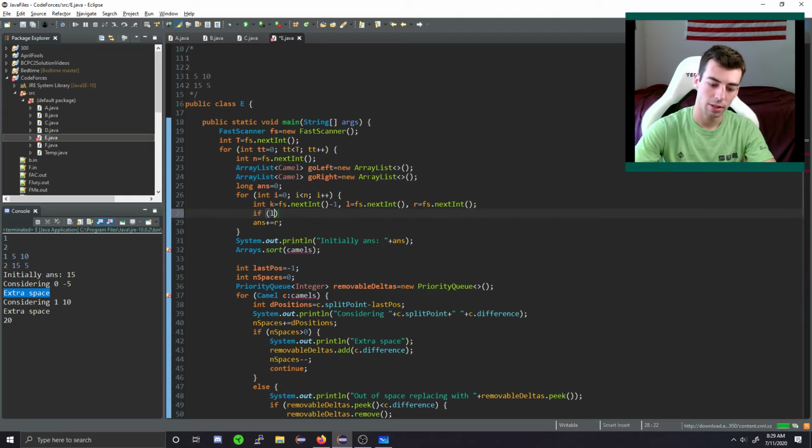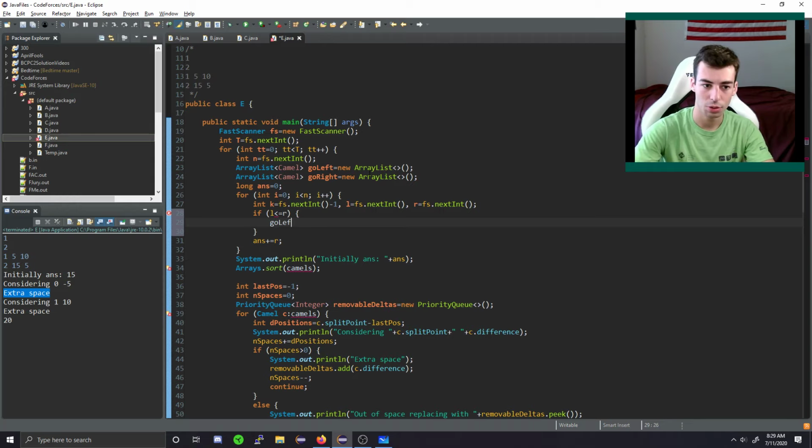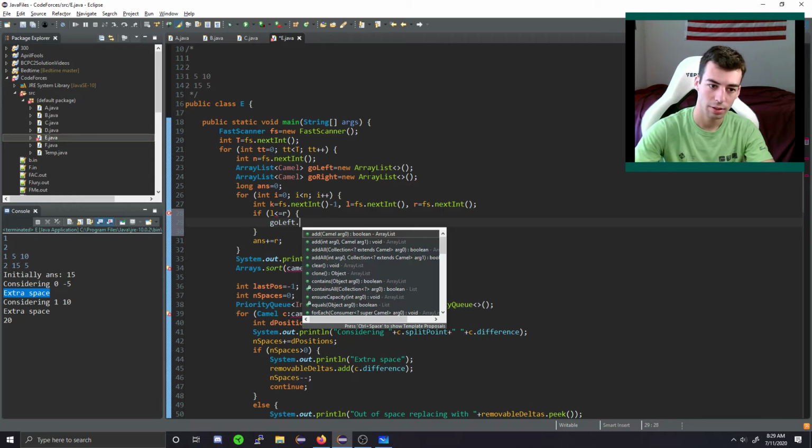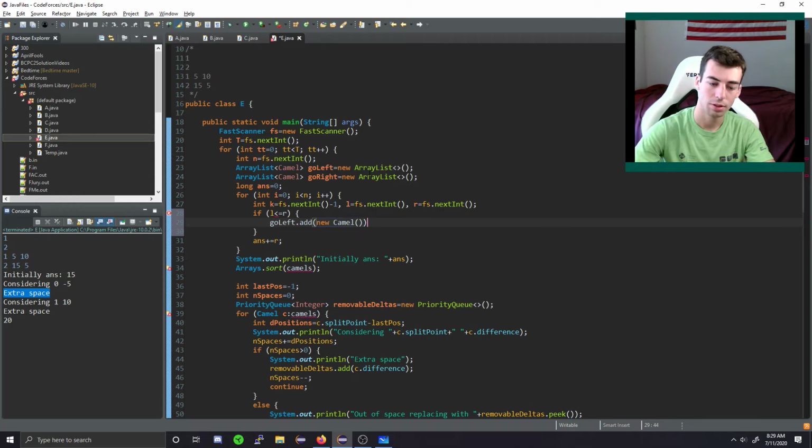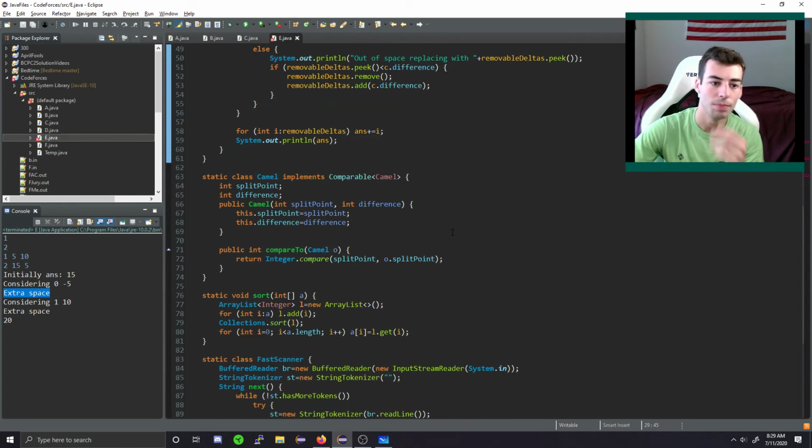So if L is less than or equal to R, then go left.add new camel, from, what's its position?